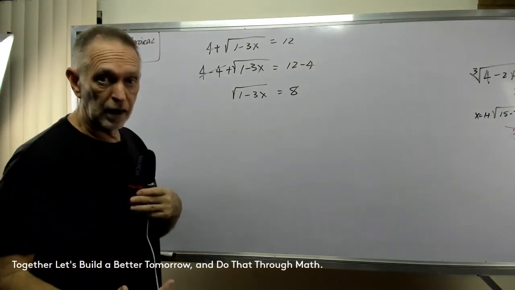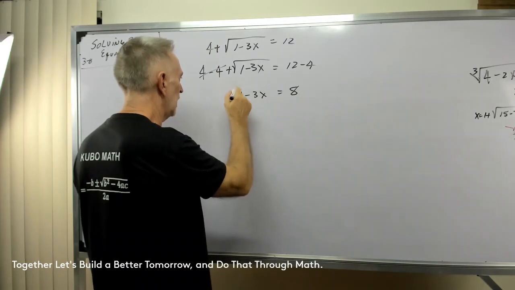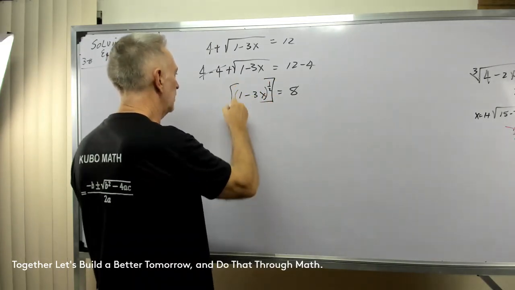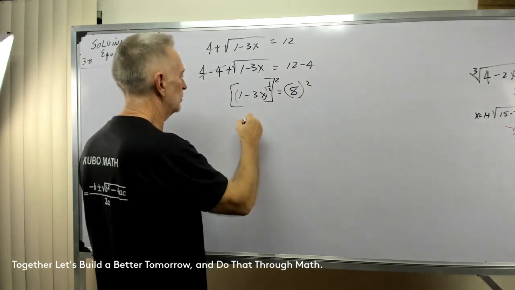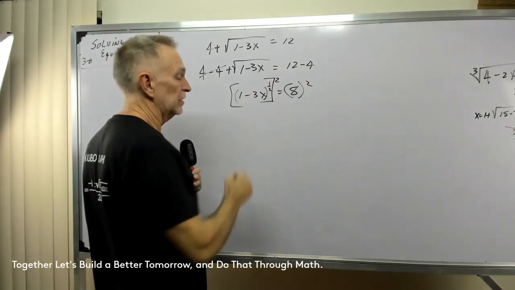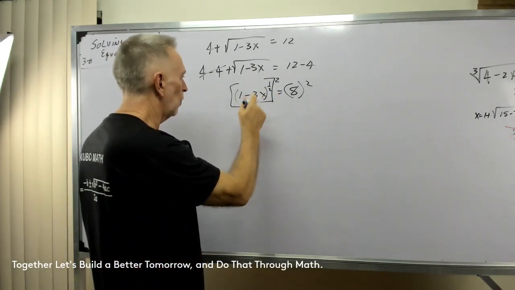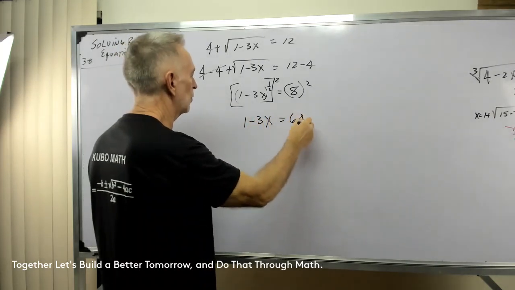Now if I square, same concept. This is all to the 1/2, remember? If I square this, this becomes 1/2 raised to the 2nd power. So it just becomes 1. So 1 minus 3x equals 64.